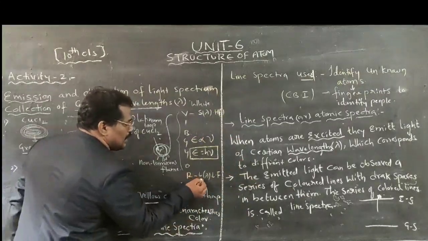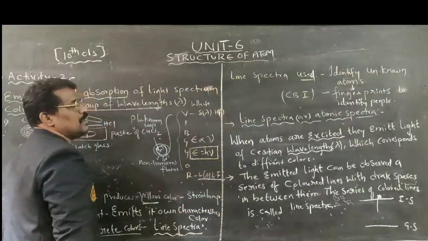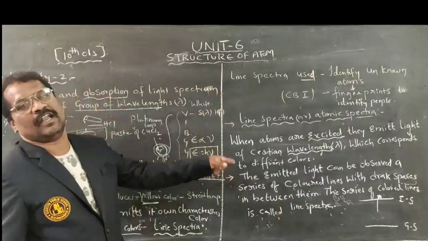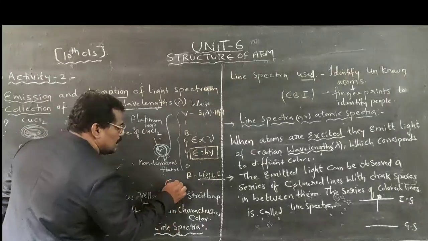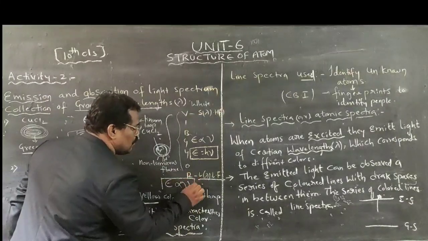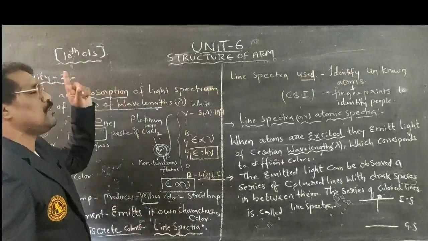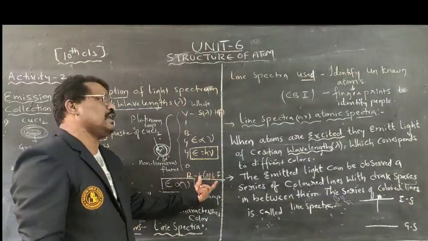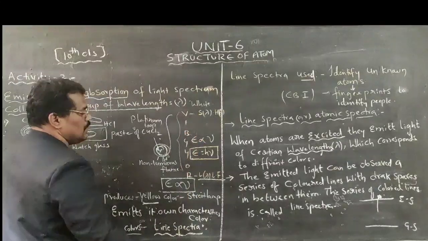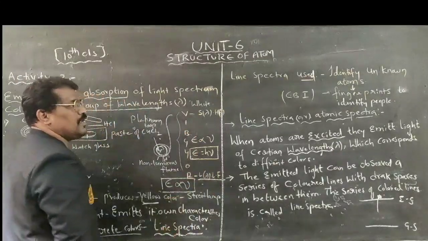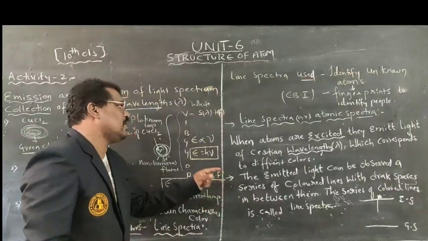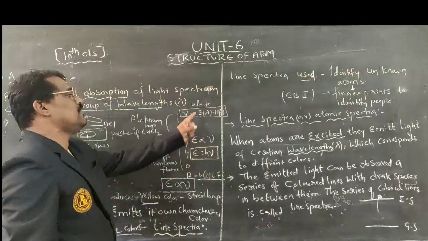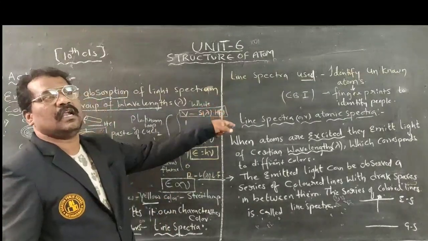Red color has the longest wavelength, low frequency and low energy. Why? Because energy is directly proportional to frequency according to Max Planck's concept, E is equal to h mu, quantization of energy. If you go for violet color, it has the shortest wavelength, high frequency and high energy.